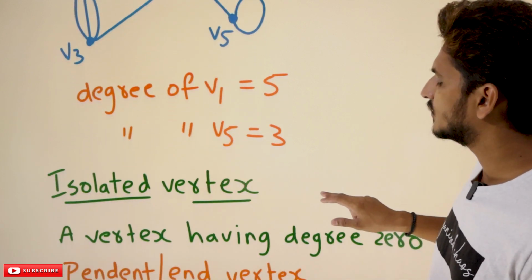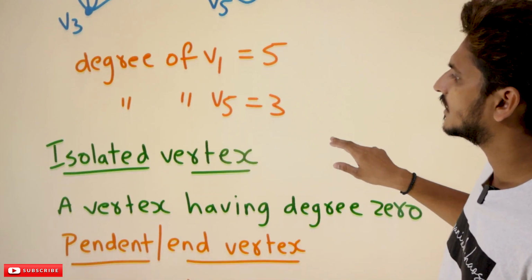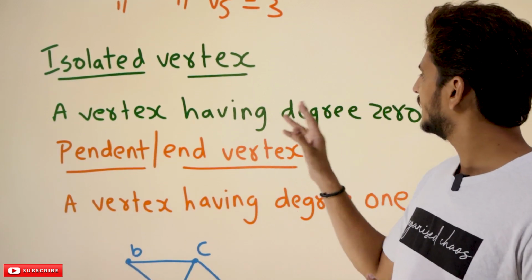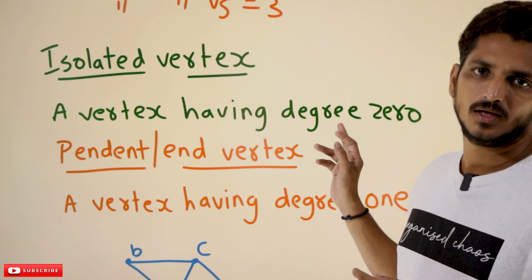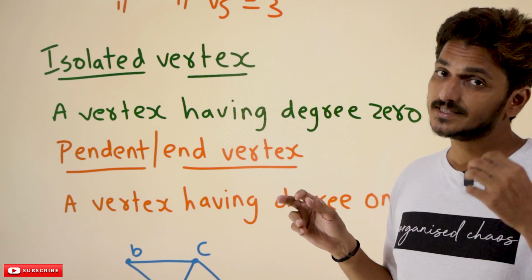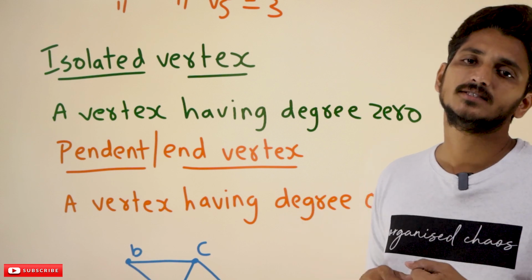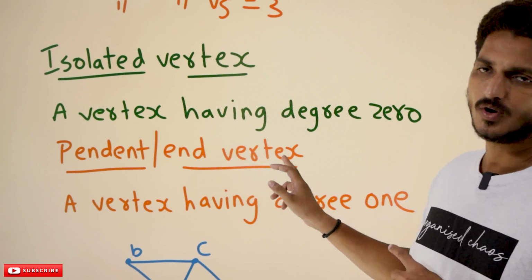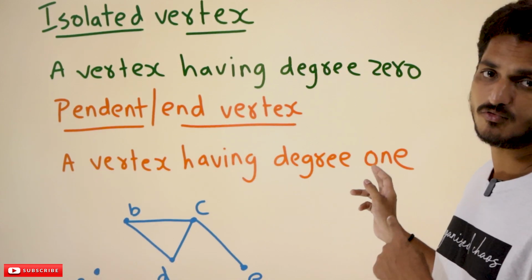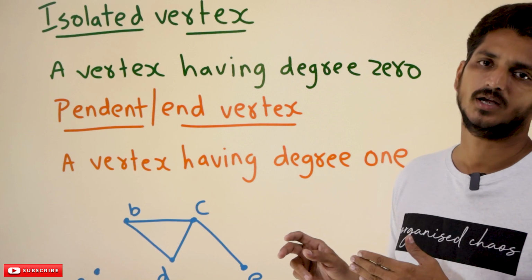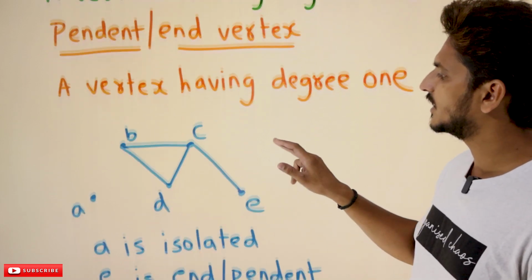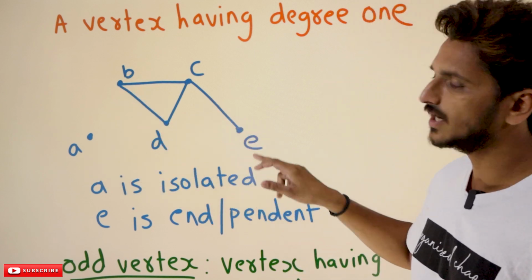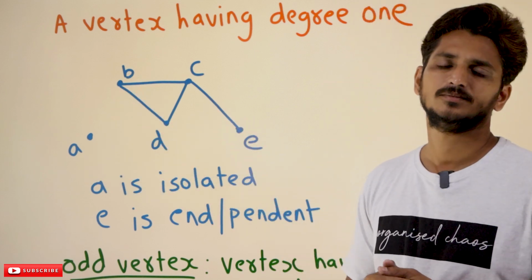Now coming to the next definition, isolated vertex. A vertex having degree 0. In a graph, if you have a vertex that has degree 0, then we say it is an isolated vertex. Similarly, pendant or end vertex. A vertex having degree 1, we say it is a pendant or end vertex. With an example, you are going to get it better. Let's take a graph G. A, B, C, D, E are the vertices present in the graph.